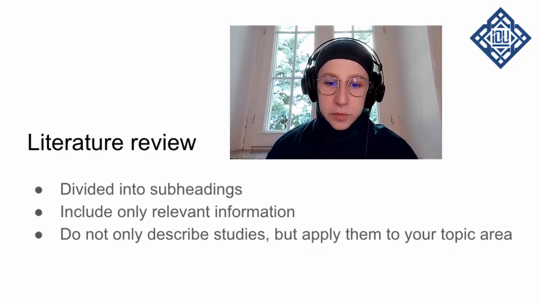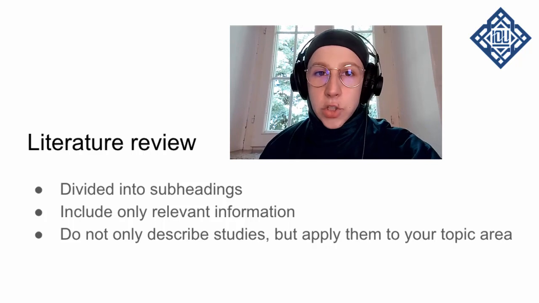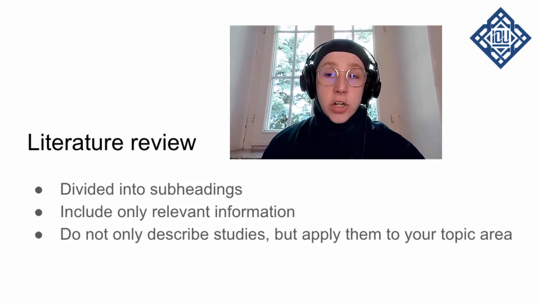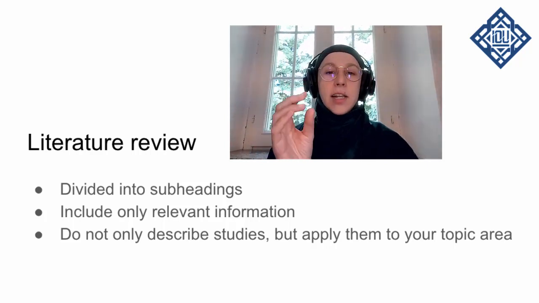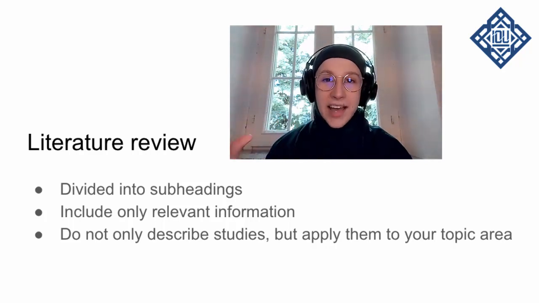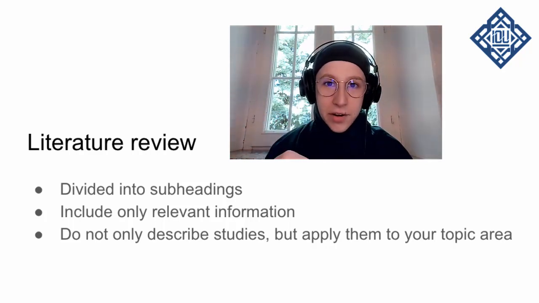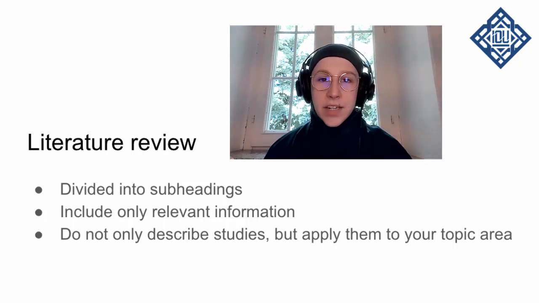That will not be very helpful. And also, please, when you're writing the literature review, do not fall in the trap of wanting to just describe studies. So sometimes literature reviews are done like: White and others found out that, and then there is another paragraph with another author, Roosevelt and others found out that.